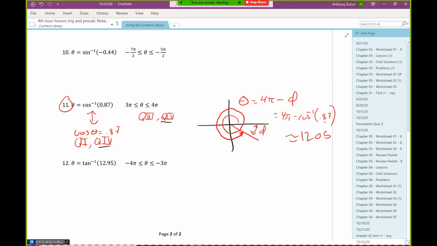Okay. Leah, you were asking about 7 pi over 2, that would be up at the top, right? It's in the same spot that pi over 2 would be. So here's pi over 2, and then 1 pi more would be 3 pi over 2.